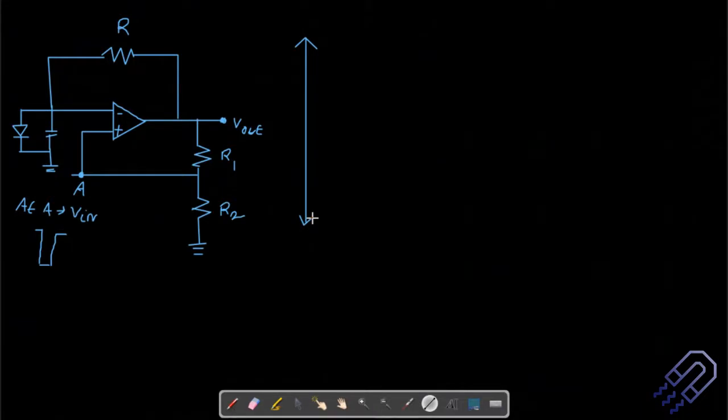Okay, so what we have is this. Let's say at this particular line, I will represent the trigger that I'm applying, and then it will have a stable state.